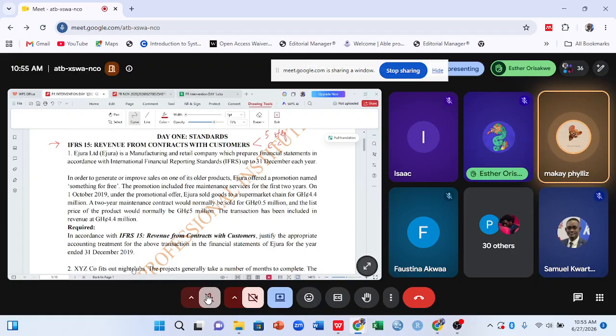A 2 year maintenance contract would normally be sold for 0.5 million, and the list price of the products would normally be 5 million. The transaction has been included in revenue at 4.4 million. In accordance with IFRS, justify the appropriate accounting treatment for the above transaction in the financial statements of Nigeria for the year ended 31st December 2019.